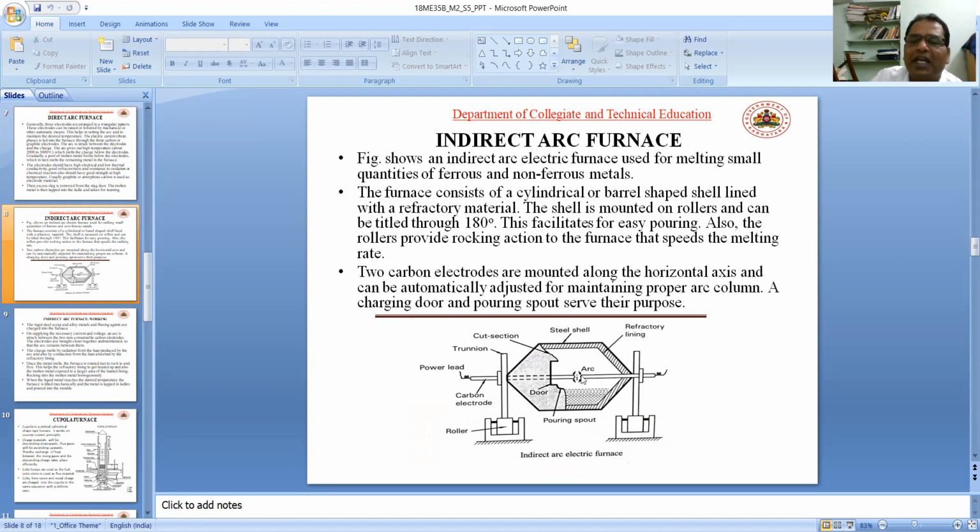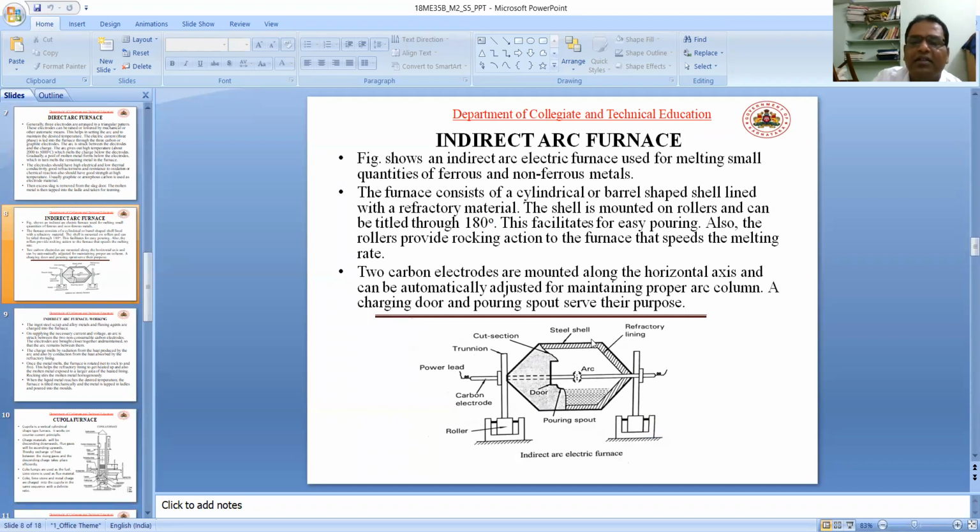Two carbon electrodes are mounted along the horizontal axis and can be automatically adjusted for maintaining a proper arc column. A charging door and pouring spout serve their purpose. So this is the construction of the indirect type of electric furnace.